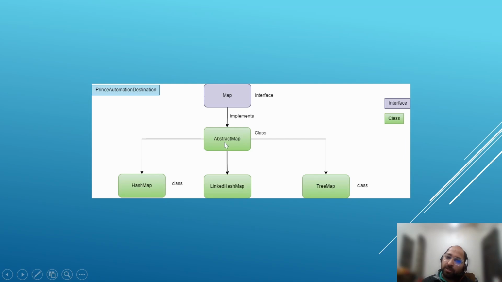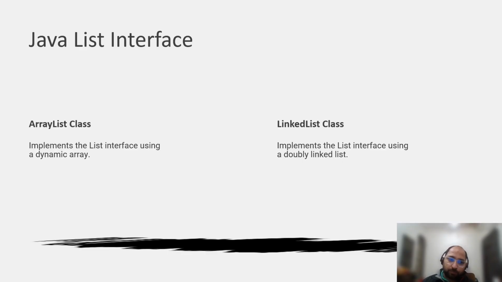So map is the interface, abstract map is providing partial implementation, and for the rest of the methods which are not implemented in abstract map, hash map, linked hash map, and tree map would be implementing them depending on their need, as per their logic.